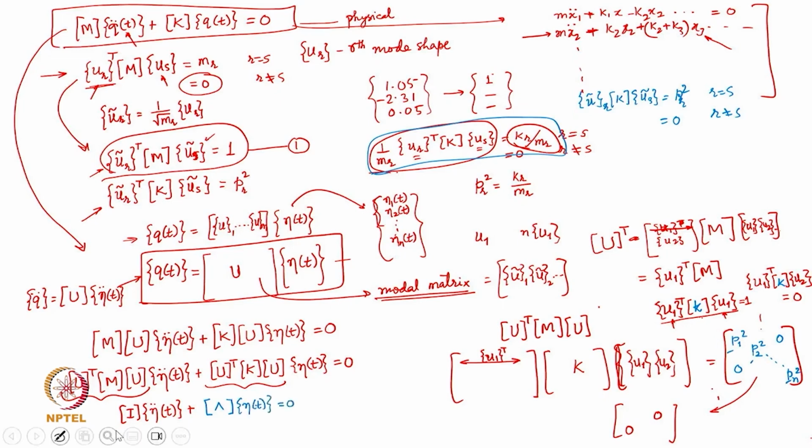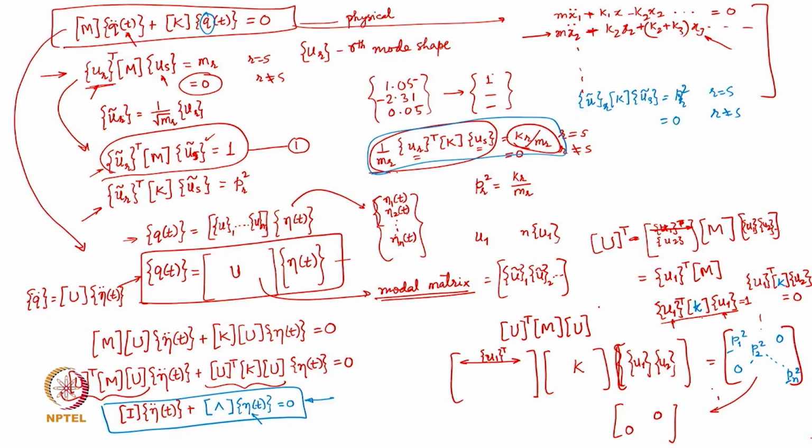That is your transformed matrix equation representing this multi-degree of freedom system. The only thing is, instead of a physical coordinate like q, you have this equation in terms of eta, the principal coordinate, the modal coordinate.